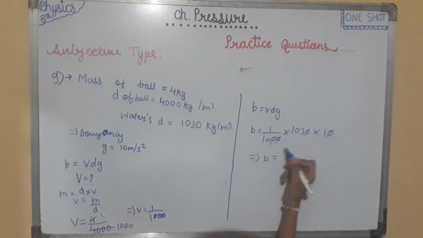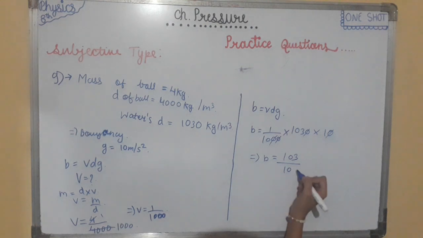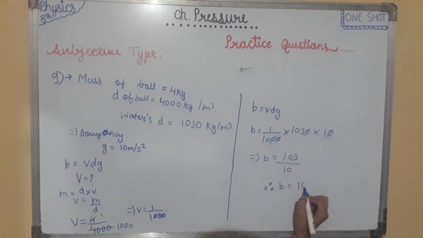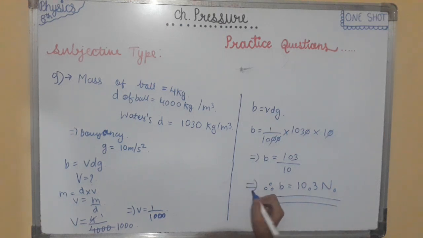Remaining B is equal to 1 into 103 upon 10. Now we'll convert this into decimal, so buoyancy is equal to 10.3 Newton. This is the final answer. Buoyancy is equal to 10.3 Newton.